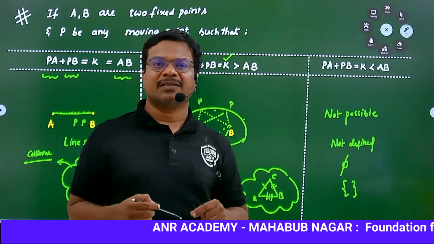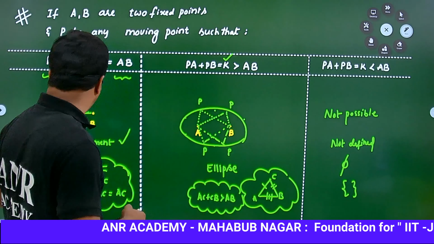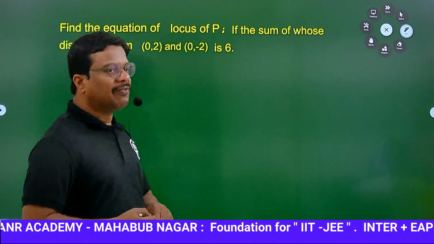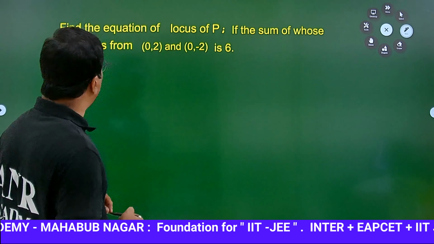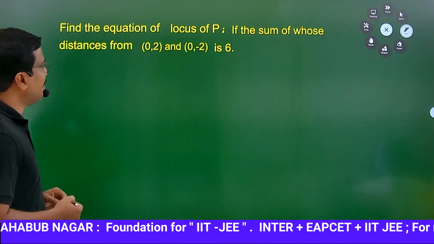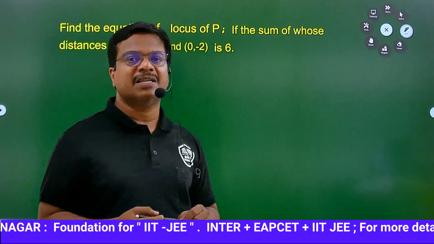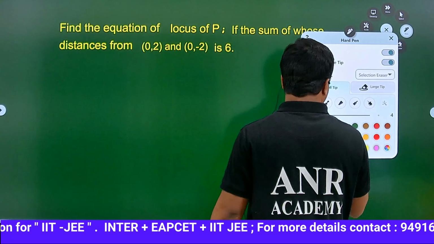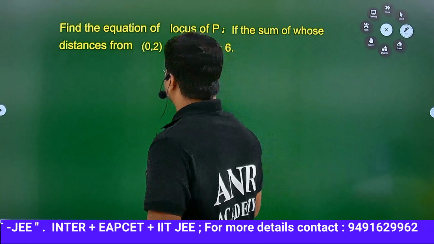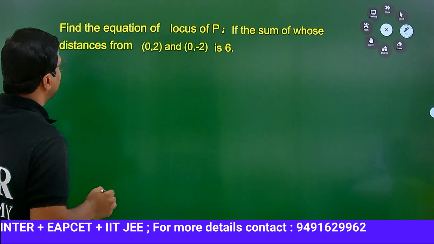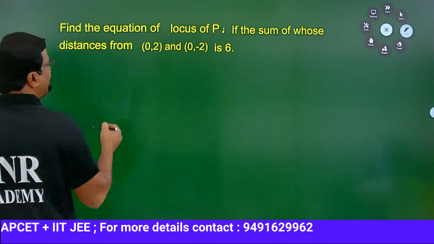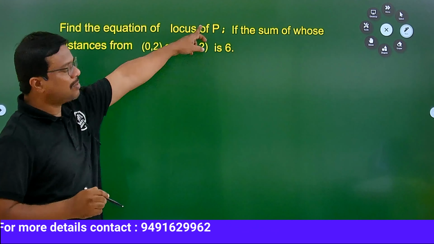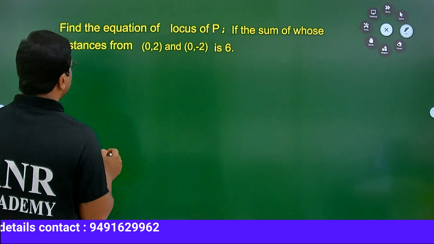Let us discuss a problem based on it in a short method. See this question. Find the equation of the locus of P if the sum of the distances from 0, 2 and 0, minus 2 is given as 6 units. See here, the sum of the distances from 0, 2 to the locus point P and from the point 0, minus 2 to the point P is given as 6 units.